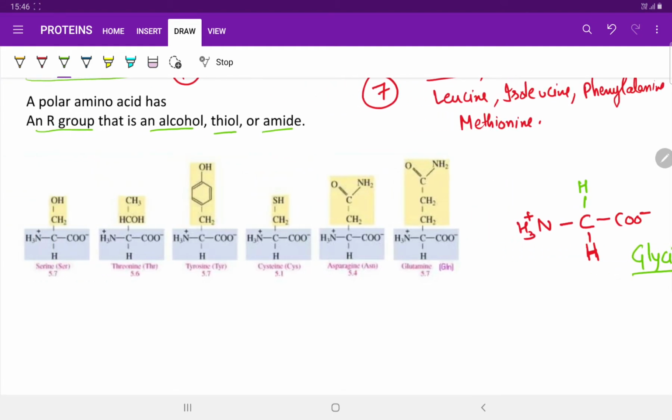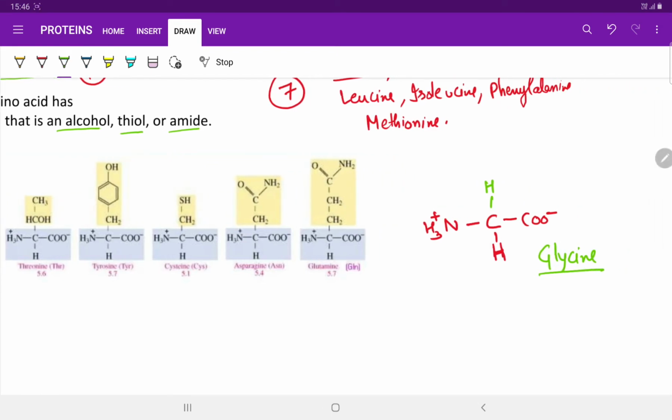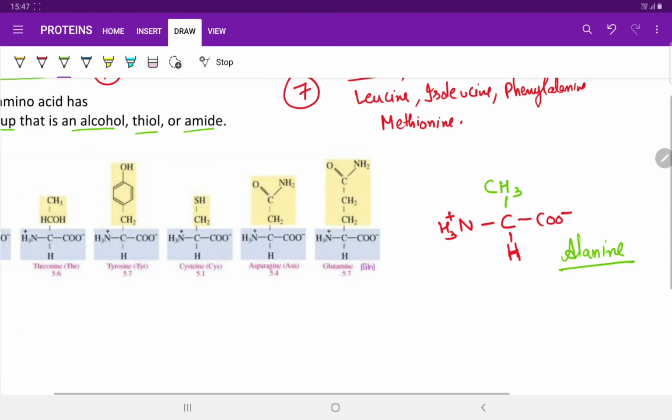Our first one is serine. So we all know that after glycine, if we add a CH3 group to this, it becomes alanine, which is also a non-polar amino acid.